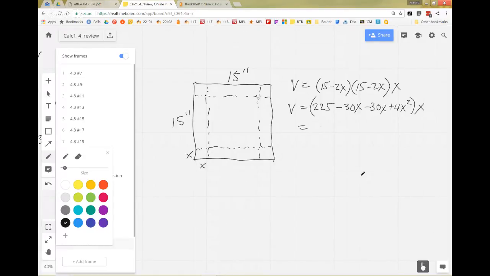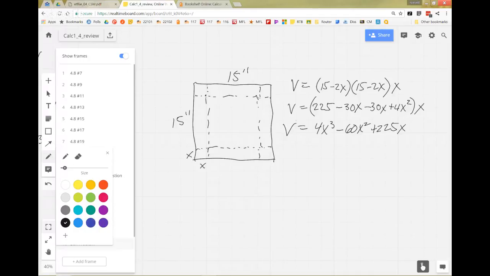Now I'm going to put it in descending order. 4x squared times x is 4x cubed. Minus 60x times x is minus 60x squared. Plus 225x. Okay, so there's our volume.